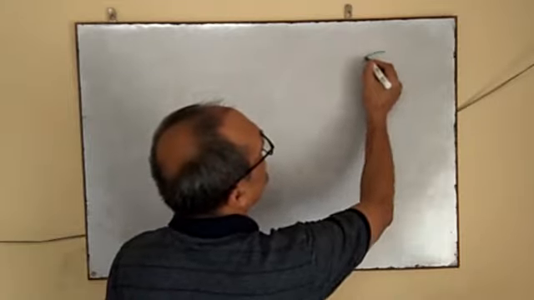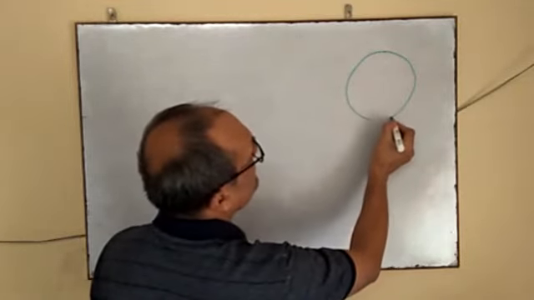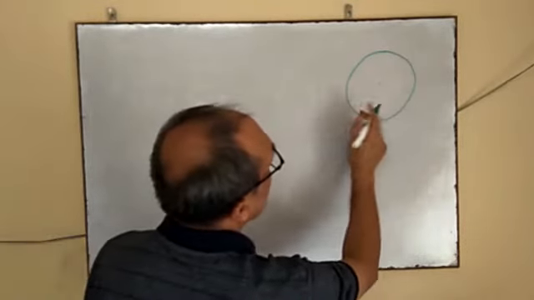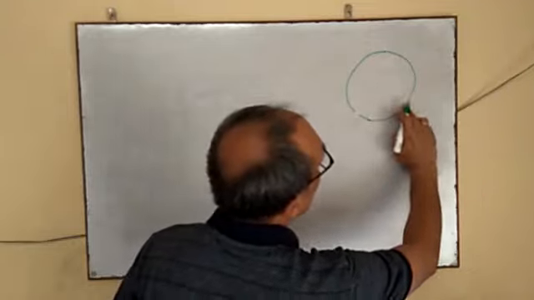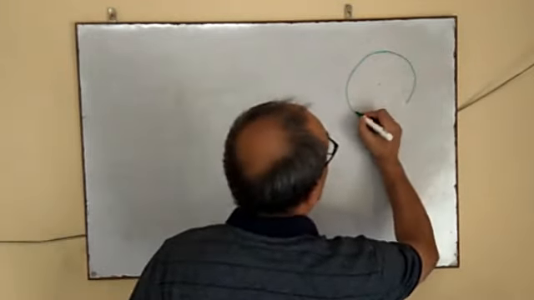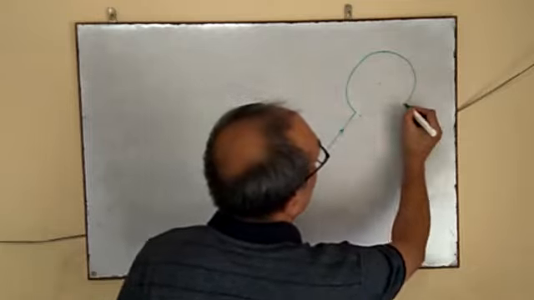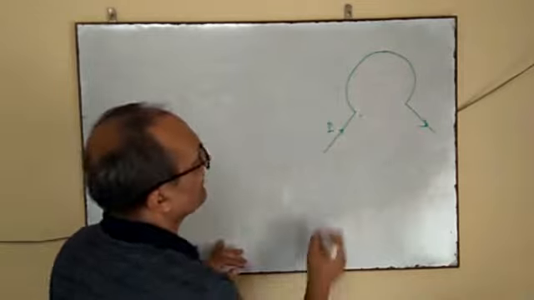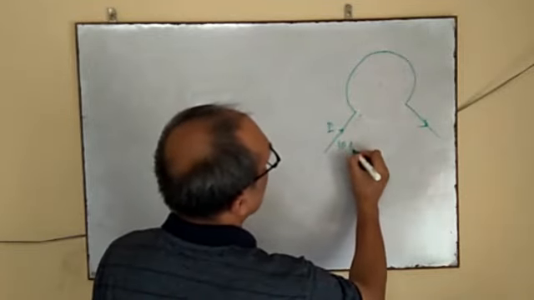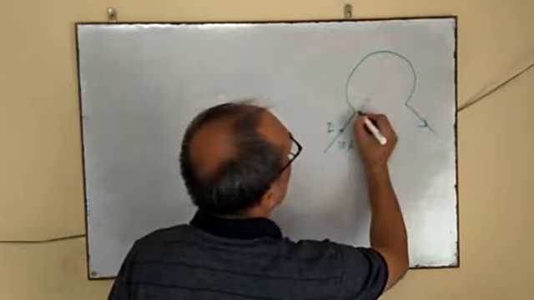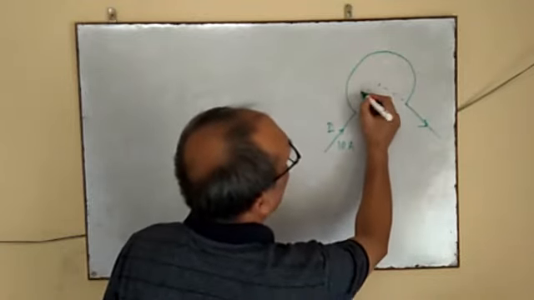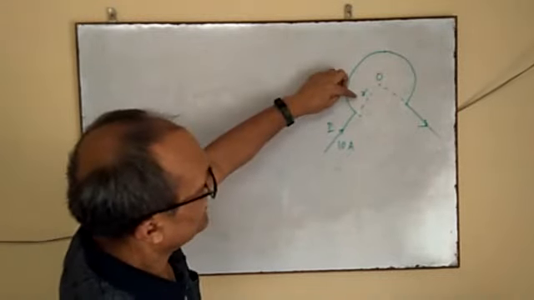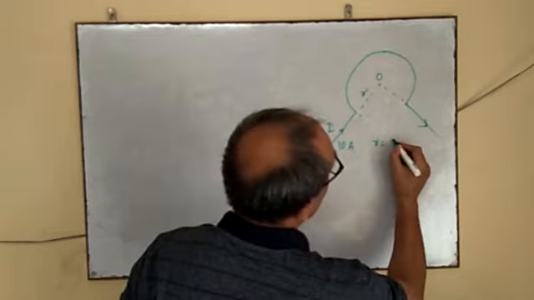Suppose this is a circular loop, this is the center, and from here it is cut, and here is the current flowing through this. Suppose the current I is flowing and its value is 10 ampere. This is the radius R, this is the center O. The value of the radius is equal to 3 centimeter.